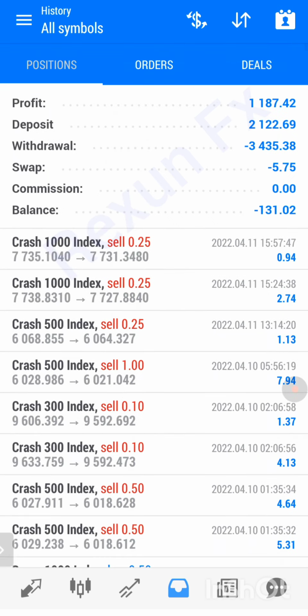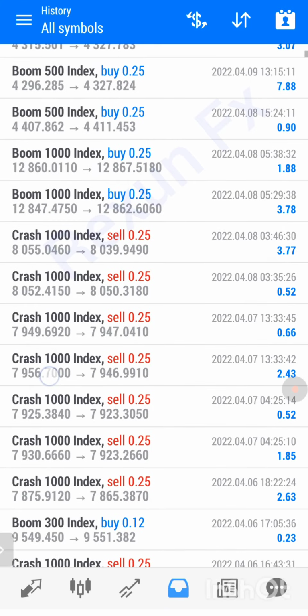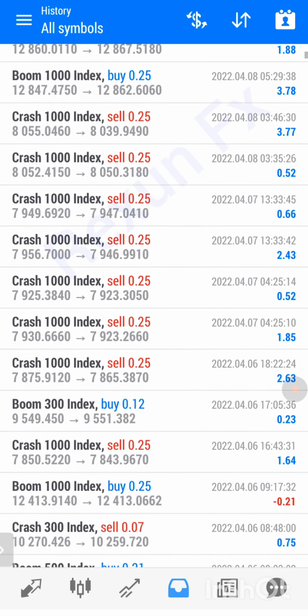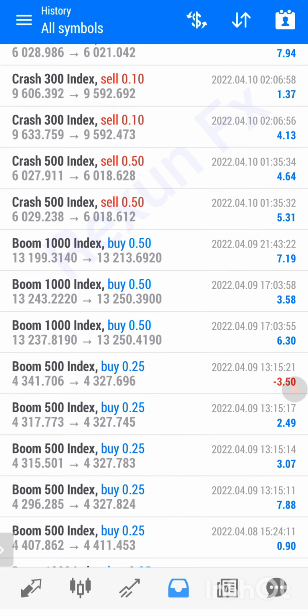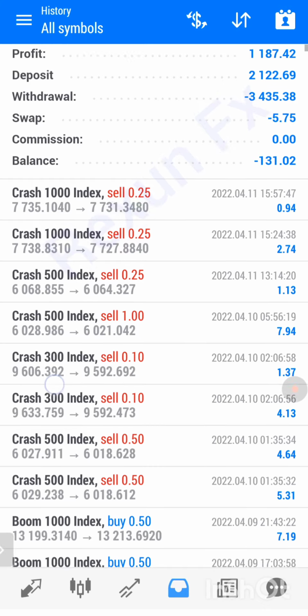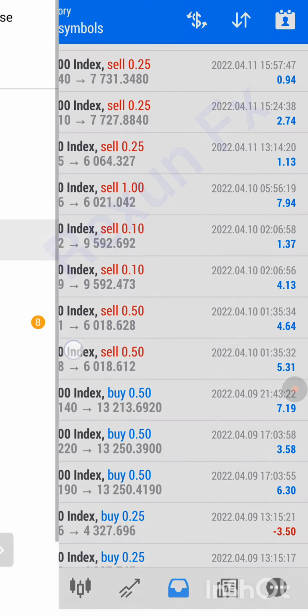I've been working on this strategy and I have confirmed that it actually gives 100% success rate while adhering to money management, good lot sizes, safe trading, and very effective trading tactics.